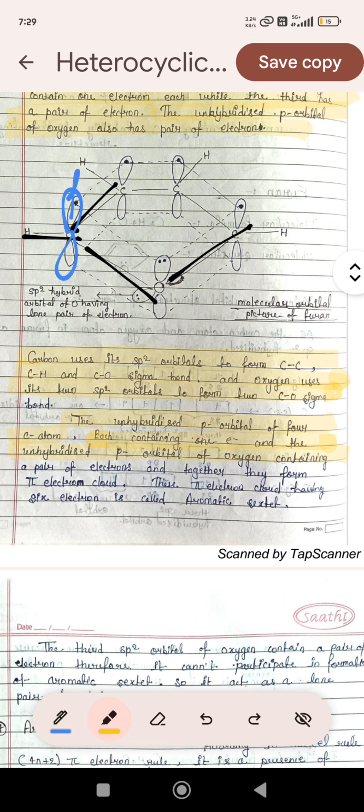This is the unhybridized p orbital of oxygen containing a pair of electrons, and together they form the pi electron cloud. This pi electron cloud having 6 electrons is called the aromatic sextet.